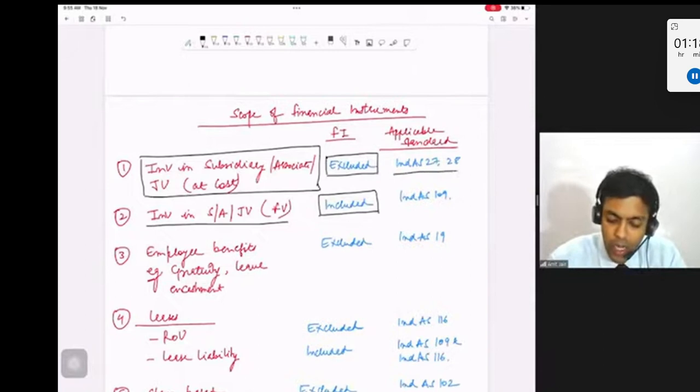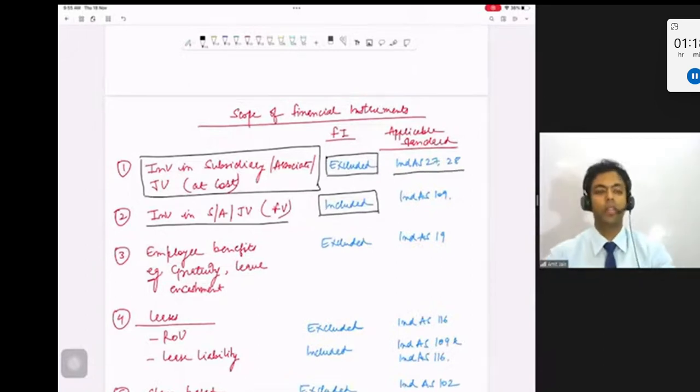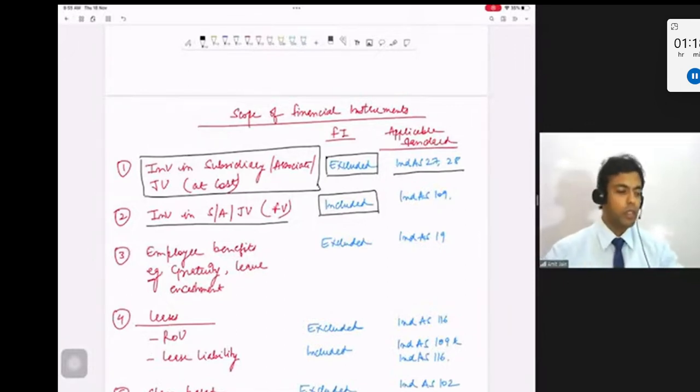And in which standard will it get included? It will get included under Ind AS 27. So that means if you are recognizing investment in shares at cost, then we are outside the scope of financial instrument. We are inside the scope of financial instrument only when the investment in shares is recognized at fair value. I hope this is clarified to you.